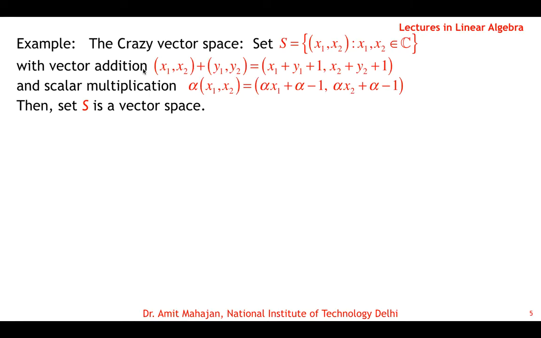So this is how we define addition and scalar multiplication, and under these two operations this set S is a vector space. Now we'll prove this again with the 10 axioms. Remember that the elements x1, x2 or y1, y2 are complex numbers.